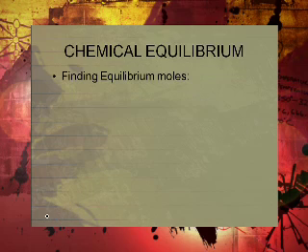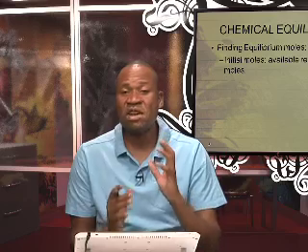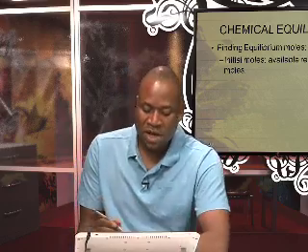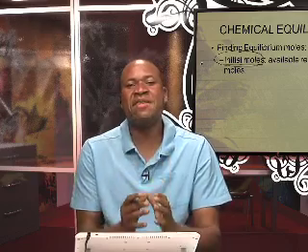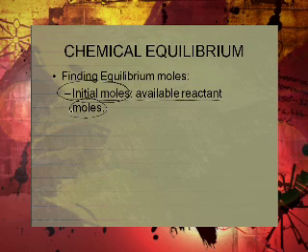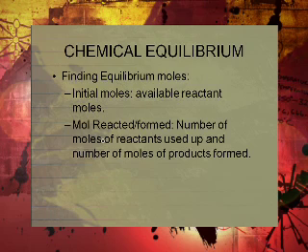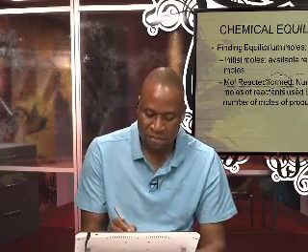Now, remember what we have been doing, but let's just have a look at something quickly. If we are to find equilibrium concentration, we need to come up with a table, or even if we don't, the main thing is we need to know the initial moles. In other words, how much are we given at the beginning? Available reactant in terms of moles. We also need to know during the reaction how many moles reacted from our reactants and how many moles were formed for our products.